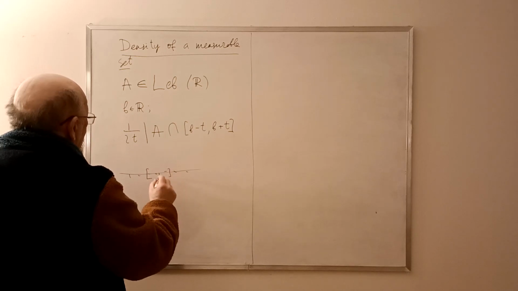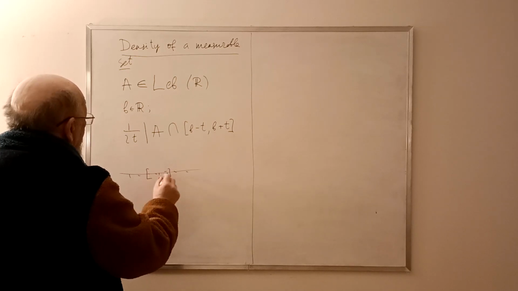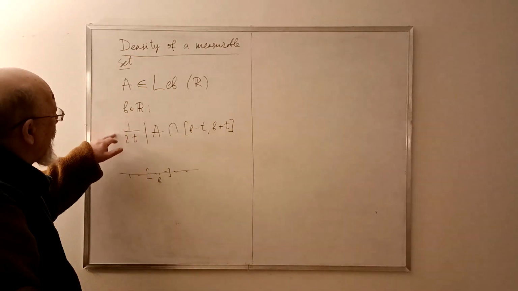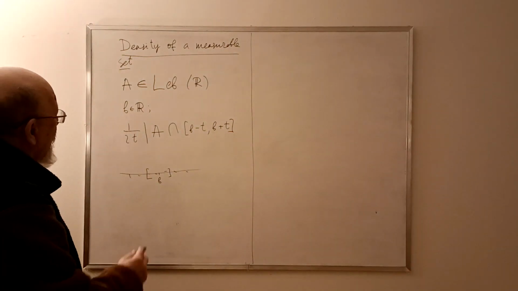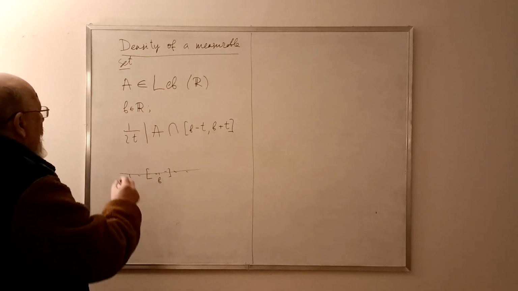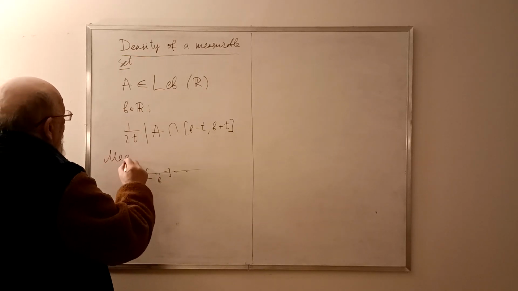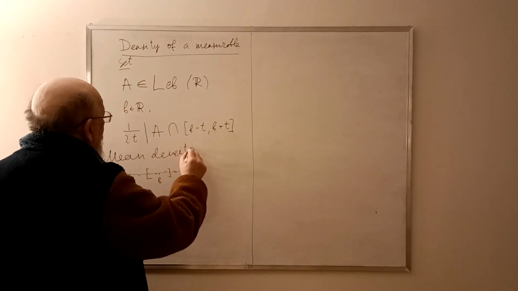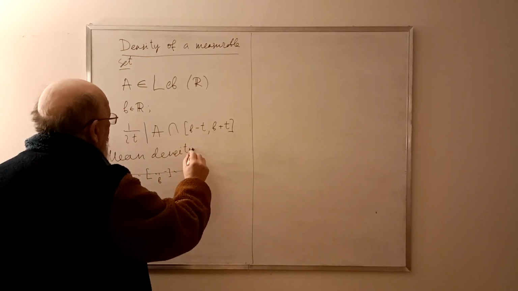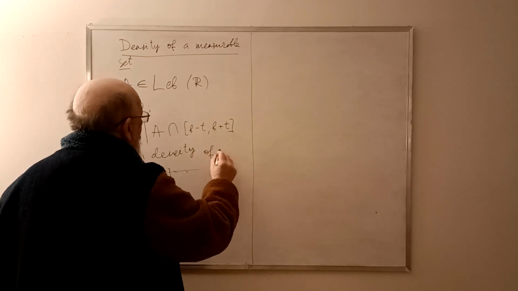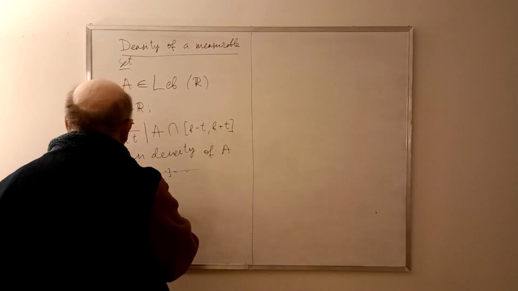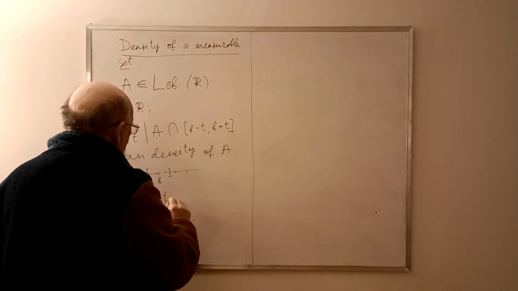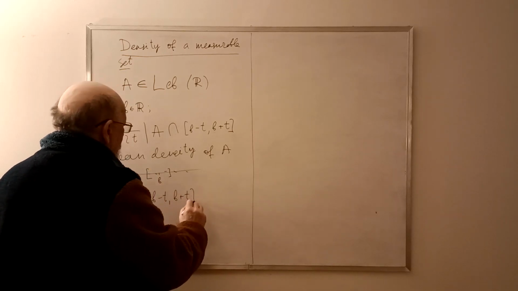It is b minus t, b plus t, and the part of the set here, divided by the length of this segment. So this is the mean density of the set A on b minus t, b plus t.